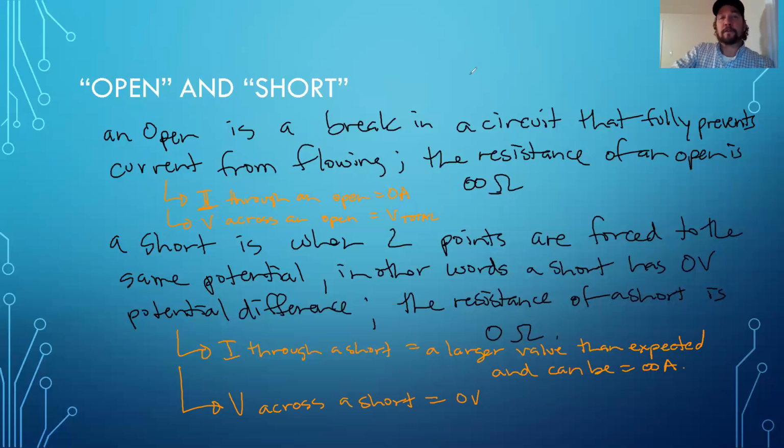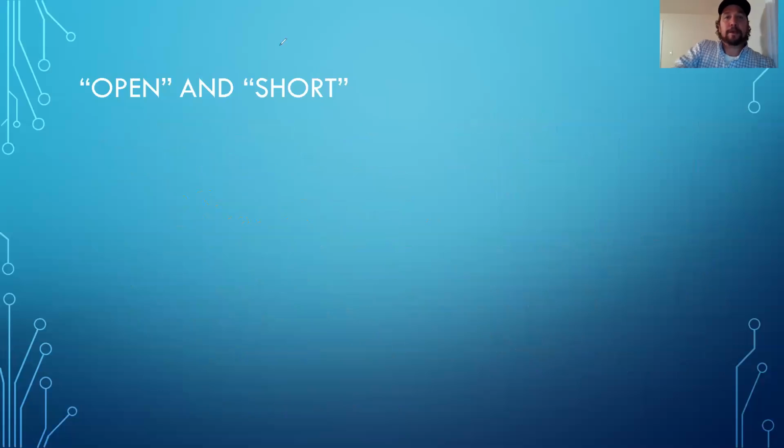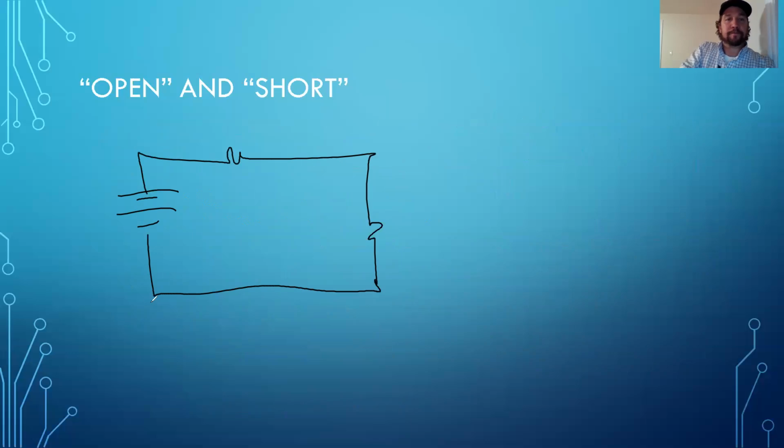Okay, and so let's look at an example and see how this can help us when we solve something. All right, so let me draw a circuit. We'll keep it simple for the moment. 10 volts, 200 ohms, 800 ohms. All right, so typically we've seen this problem.